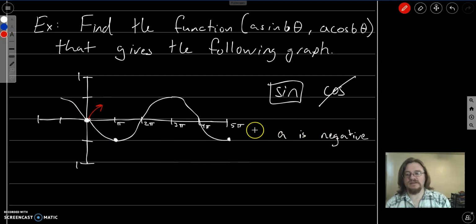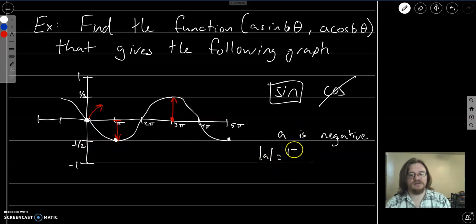But we can also find the amplitude of our function. So the amplitude, again, is the distance from the center of our function to the highest and lowest points. Well, if here is 1, and there's negative 1, that means that we're coming up to a half at the highest and down to negative a half at the lowest. So the amplitude of our function, which is the absolute value of a, the amplitude is 1/2.